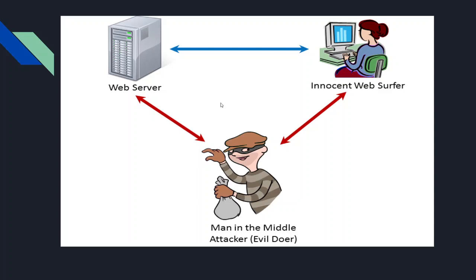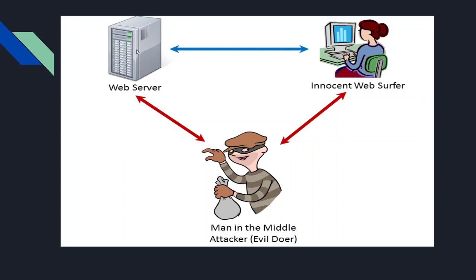So just a brief about the man in the middle attack. In this attack, this is an innocent web browser that makes a connection and browses over a web server. This will be me, the man in the middle attacker, intercepting this connection. And what will happen is that whenever the innocent web browser makes a request, that request will go through my Kali machine, and my Kali machine will forward it to the web server.